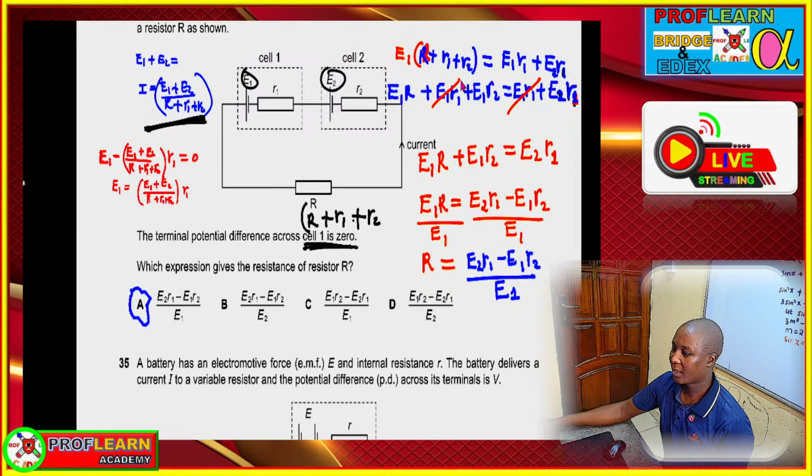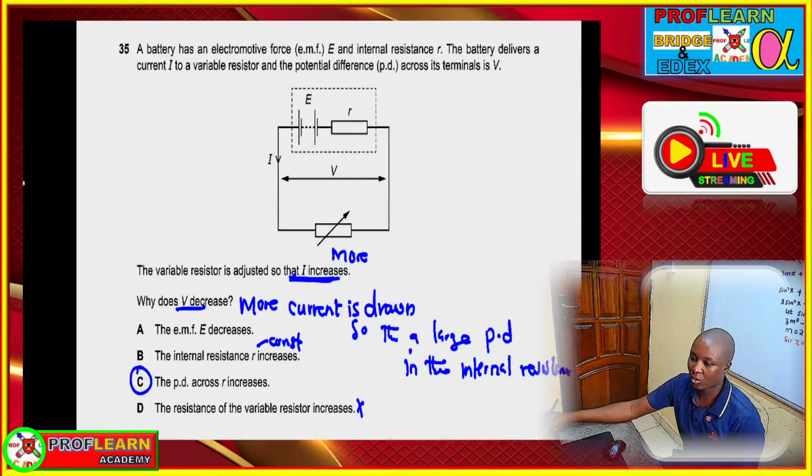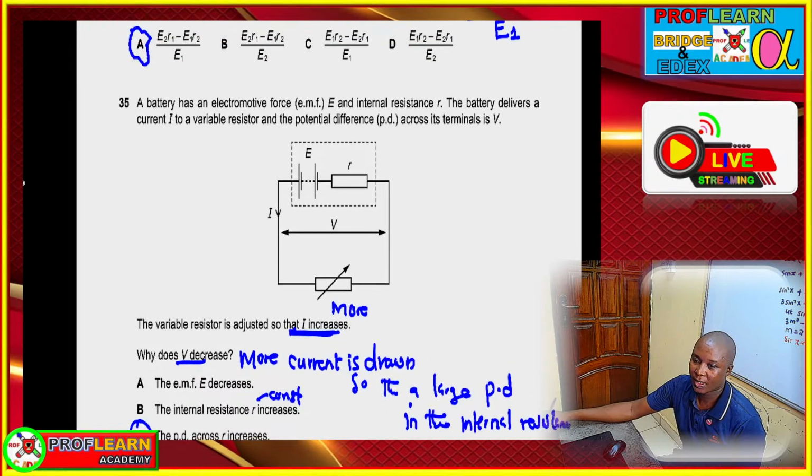So we can see this part and this part will cancel out, and if you rearrange this, you are going to have our R, because we are finding resistance R. We are going to therefore say our R is equal to (E2 R1 minus E1 R2) over the remaining term. So basically that's what you're going to do in order to get that.